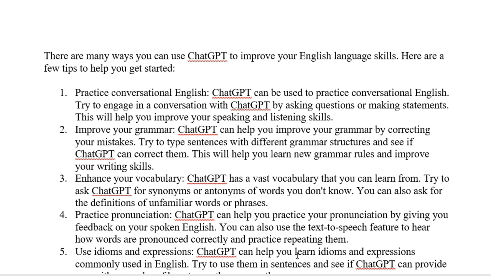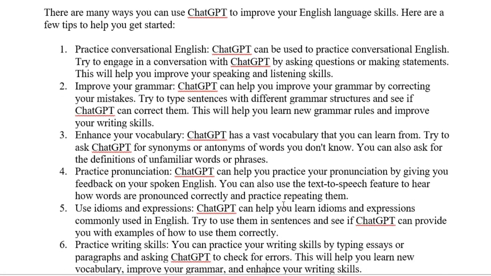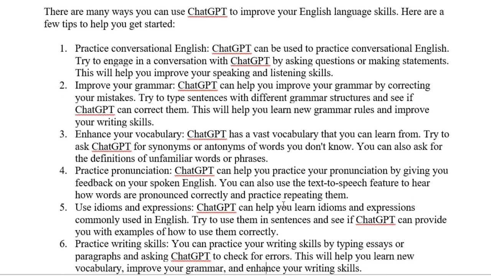You can also improve your grammar through ChatGPT. As I have shown you, you can write your sentence on ChatGPT and ask it to tell you the mistakes or correct the grammar of that particular sentence. After that, you can also enhance your vocabulary with ChatGPT. For example, ChatGPT has given you an answer in a passage. You have to read that answer, and after reading, you can also increase your vocabulary.